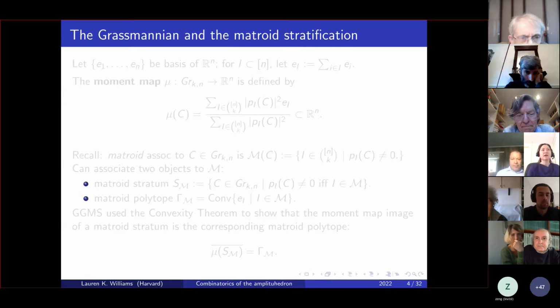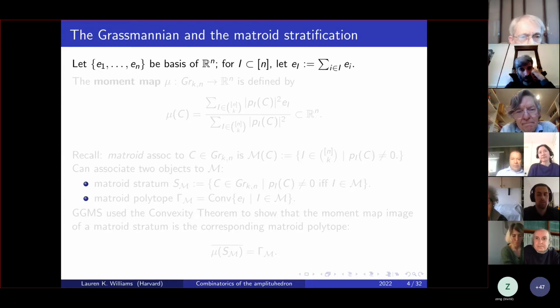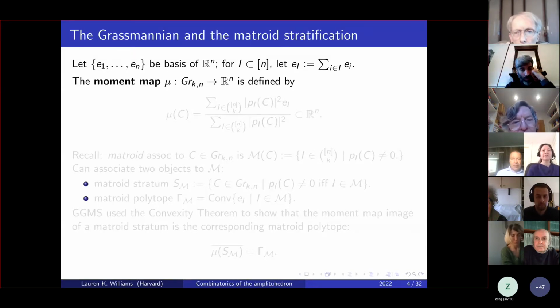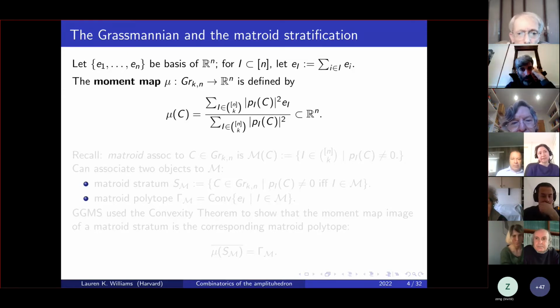Okay, so they were studying this in connection with the moment map. So let's let e_1 through e_n be the standard basis of R^n. And for I a subset of the numbers 1 through n, we'll let e sub I be the indicator vector of this subset. So it's the 0,1 vector with 1s exactly in positions I. And now the moment map is the map from the Grassmannian into R^n, defined as follows. So C is our k by n matrix representing a point in the Grassmannian.